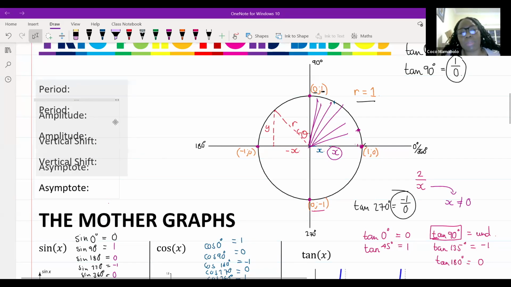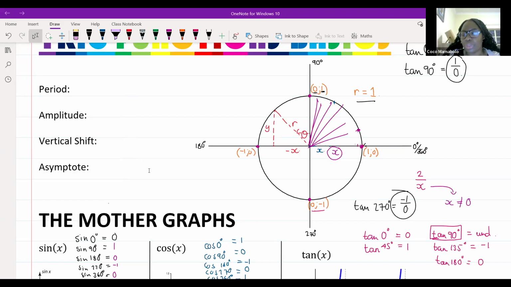Some of these words should look familiar to you. Words like period and amplitude, if you do physics, you should have seen these already somewhere before. Which is actually quite apt, because by the time you get to first year university, maths and physics are pretty much the same thing. You can't take maths without physics, and you can't take physics without maths. You have to take both.